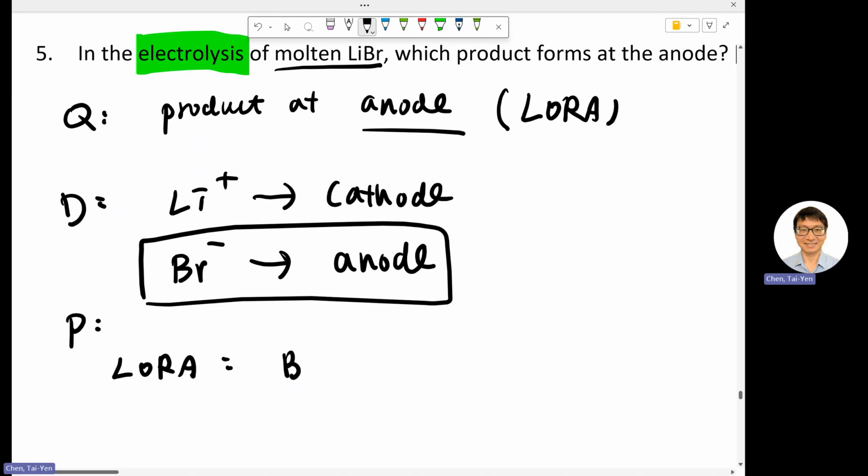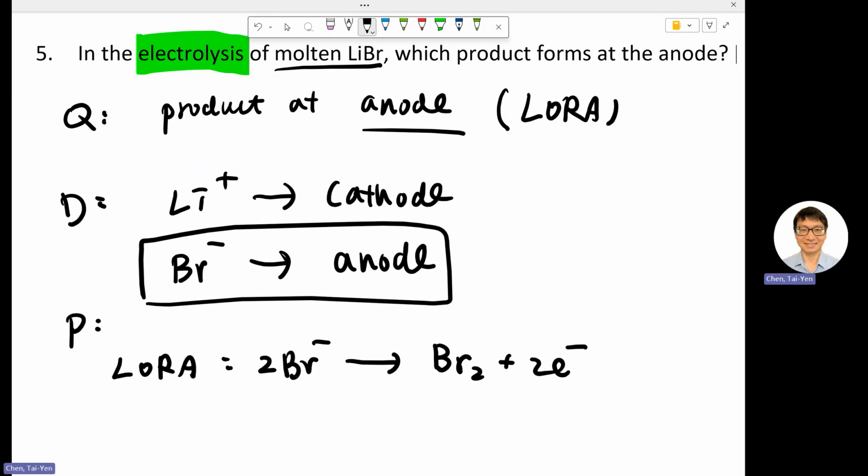Your Br- is going to lose its electrons, forming Br2 plus 2 electrons. Therefore, this one is very simple, right? Since you only have one single anion, once it oxidizes, it will produce the product on your anode. Okay? So any questions on this? We good?